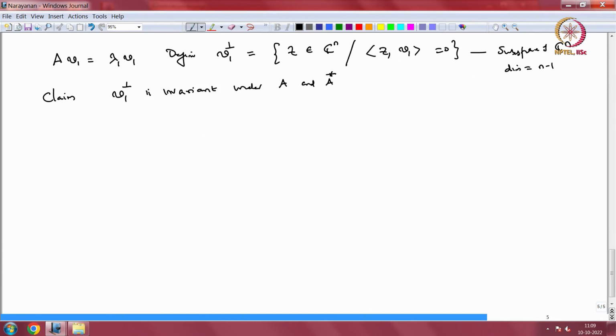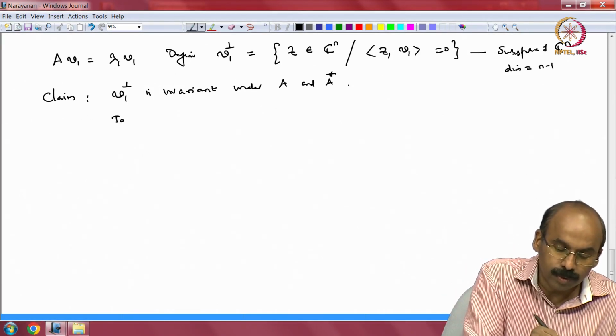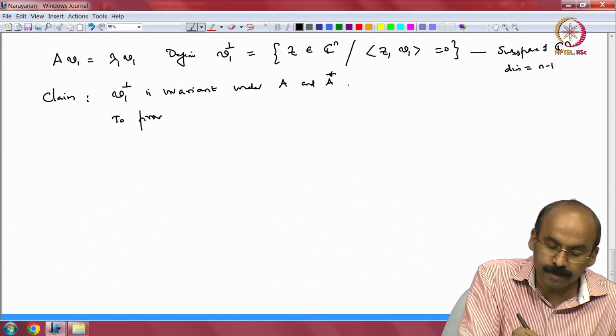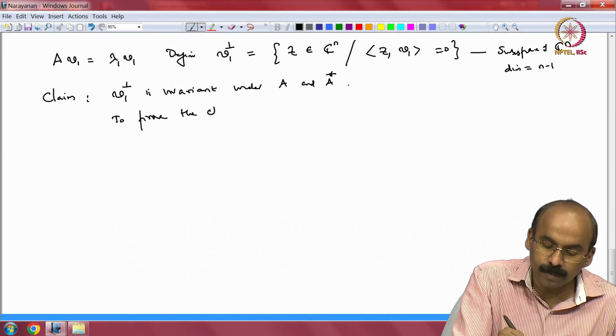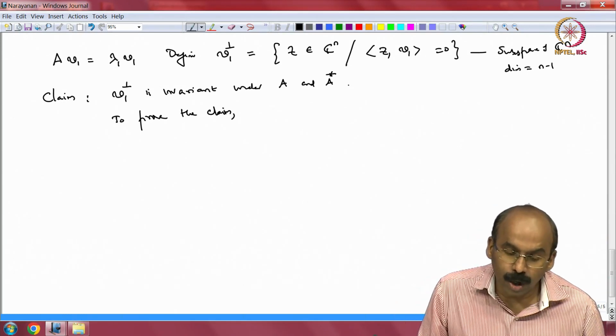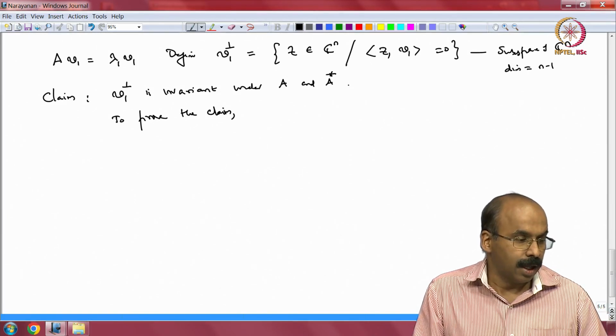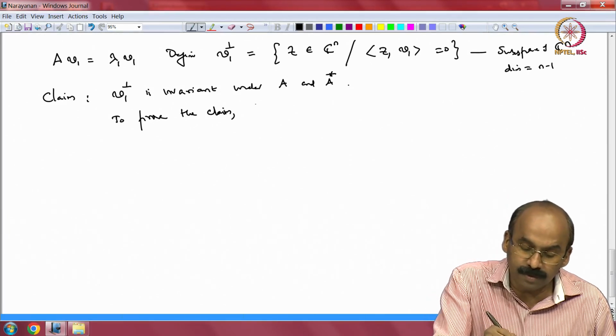And then you can restrict A to the subspace V1 perp and continue. Okay. So, how do you prove the claim? Well, what do I want to show? I want to show that V1 perp is invariant under A and A star. First we will prove that.